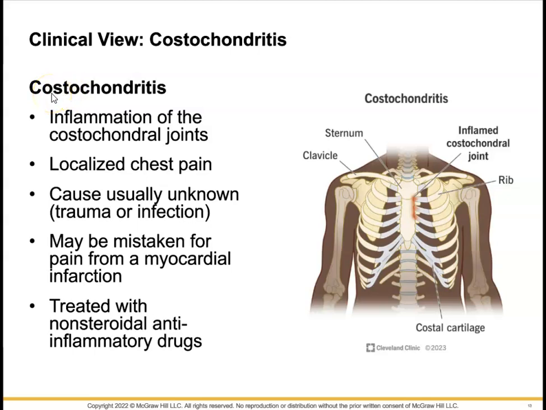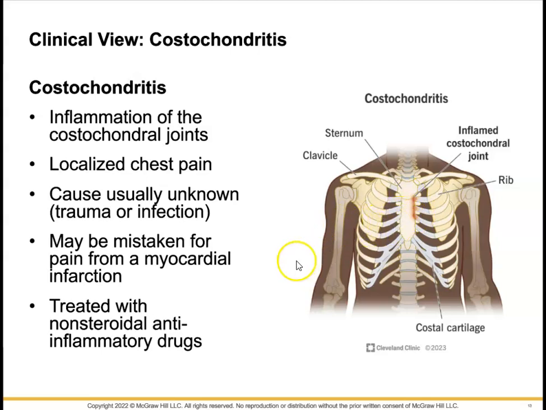Costal, cost refers to rib. So inflammation of the cartilage associated with the ribs. Now, this inflammation causes localized chest pain, as you can see right here where the costal cartilage articulates with the sternum.